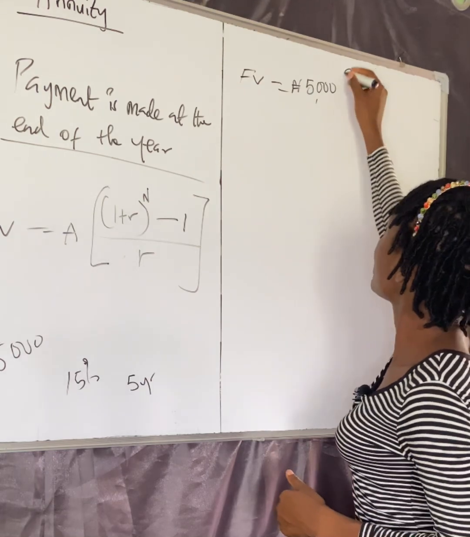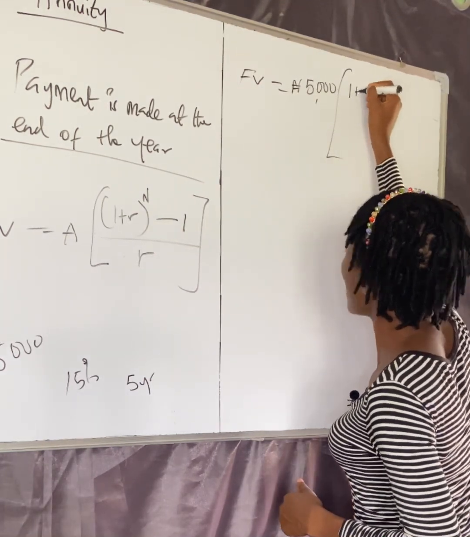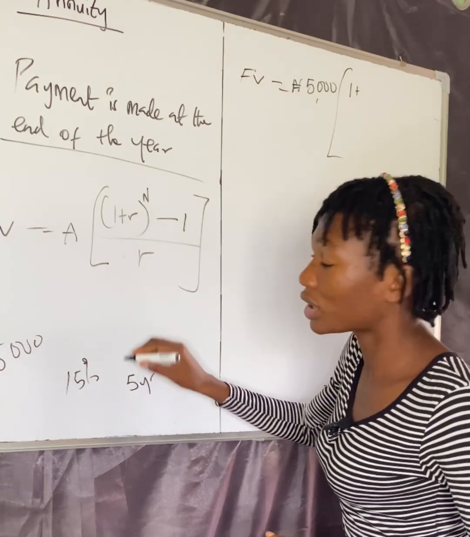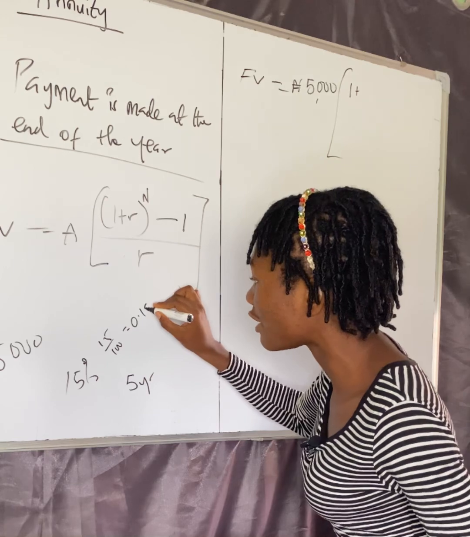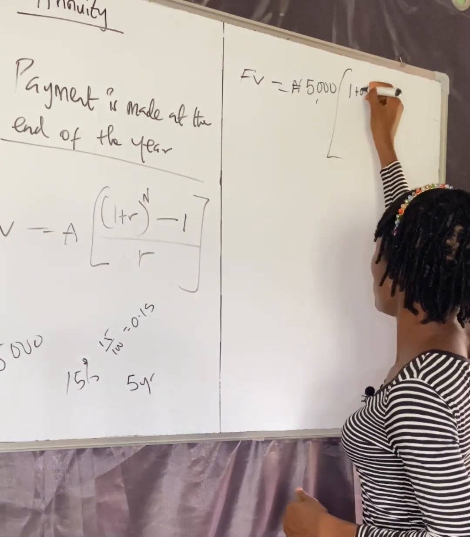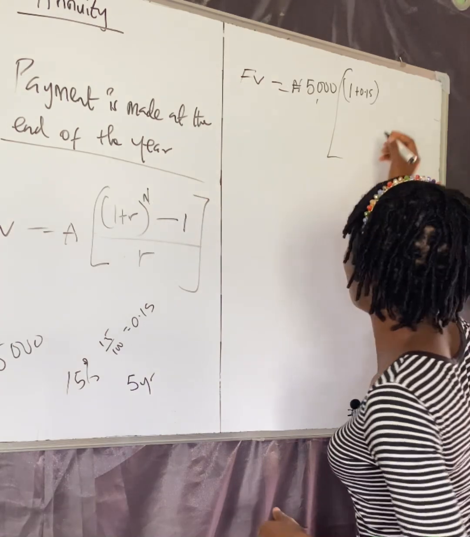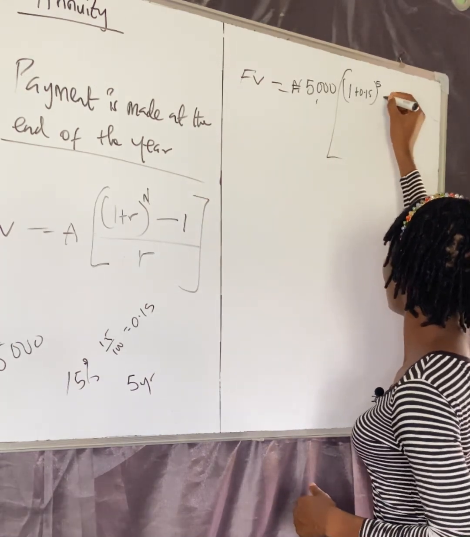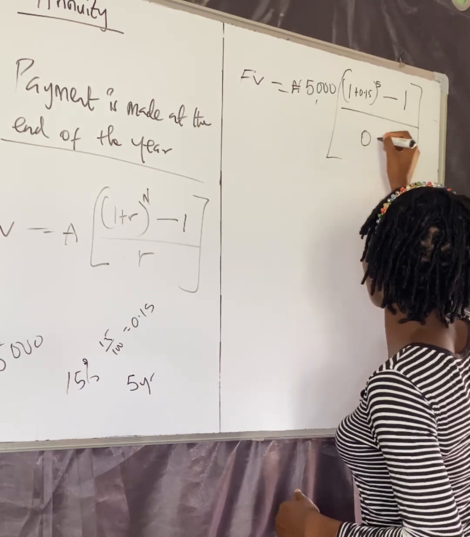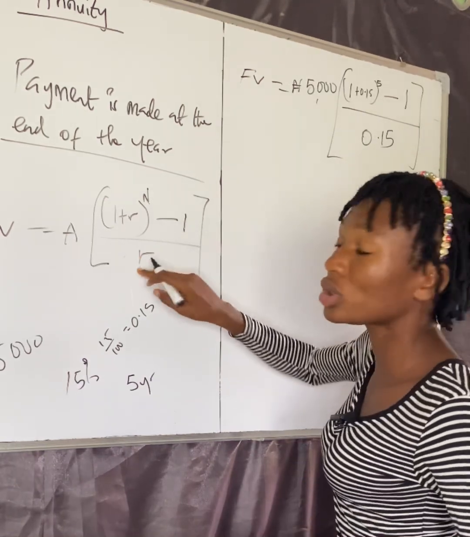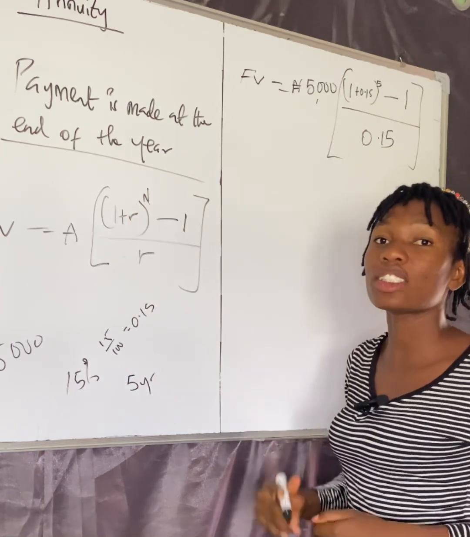Now let's compound for our interest. 1 plus our rate of 15%, that's 15 over 100, giving us 0.15. So we have 0.15 in our bracket, raised to the power of 5 years, and when we are through, subtract 1 and then divide by 0.15, which is our interest rate. Like I said, this is how we calculate where payment is at the end of the year.